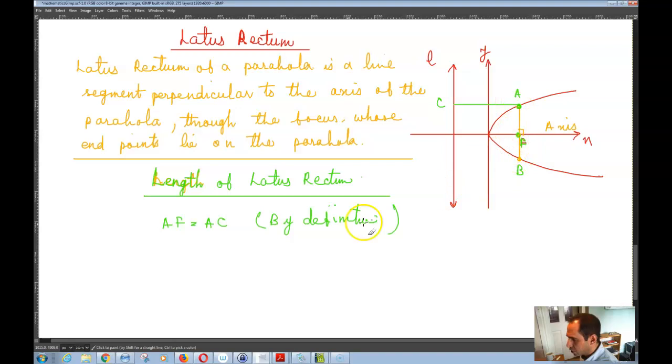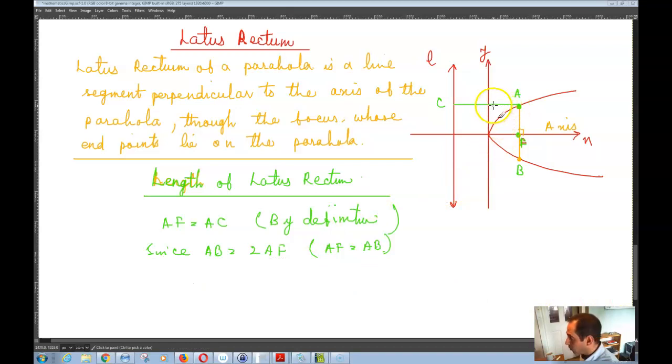And AB is equal to 2 times AF, because your parabola is symmetric about the axis, so whatever length you have over here, you have the same length on the other side. That means that AF is equal to 1/2 AB.